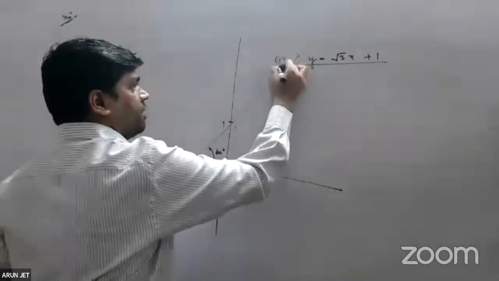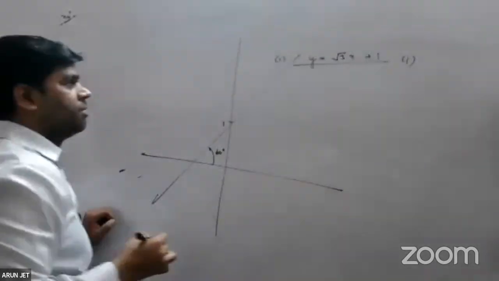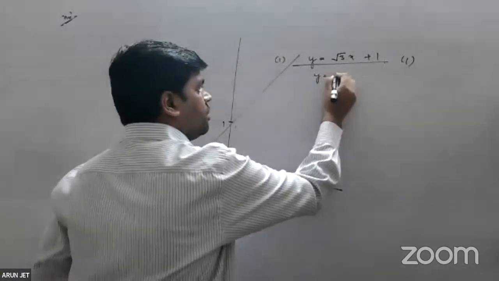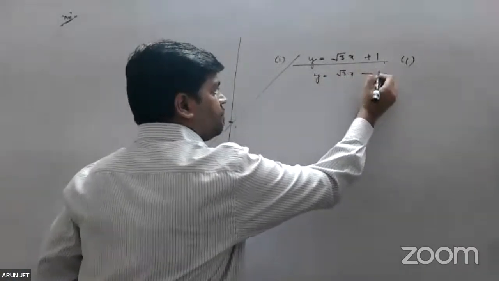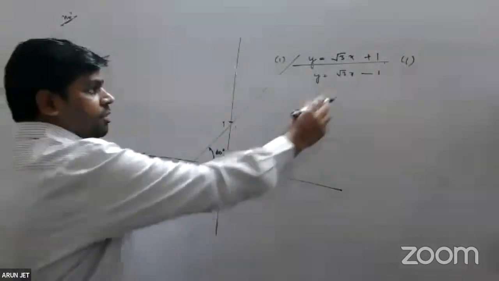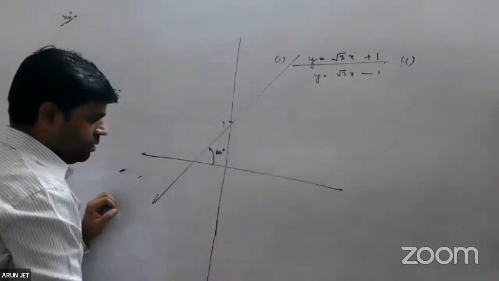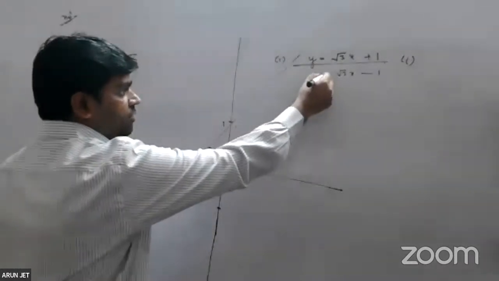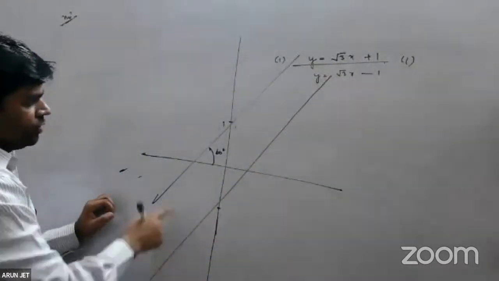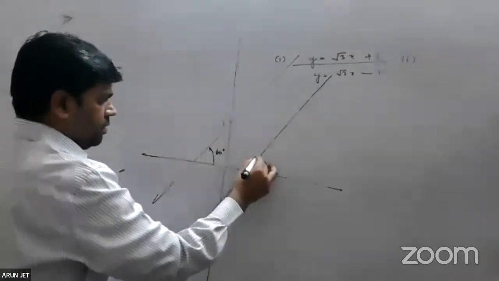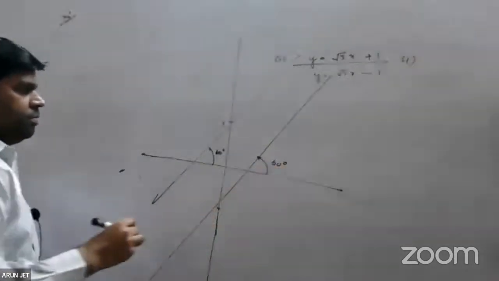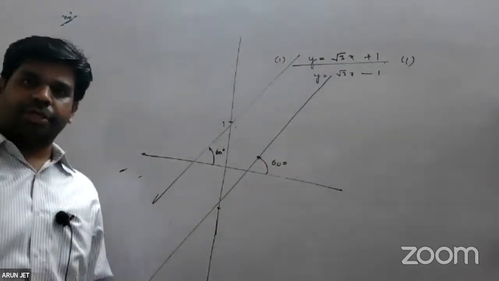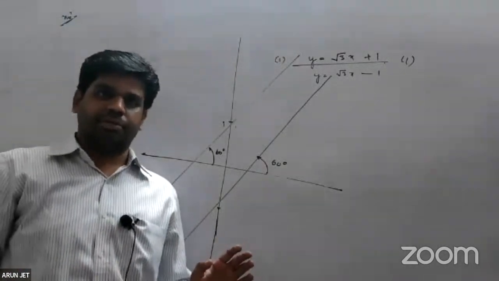So this is my straight line 1. Root 3x minus 1 would be passing through minus 1 and making an angle of 60 degrees with the x-axis. So these two lines are supposed to be parallel. Are they looking parallel? Yes, they're almost parallel. All right, I could fortunately draw them as parallel. Fine, that's good.